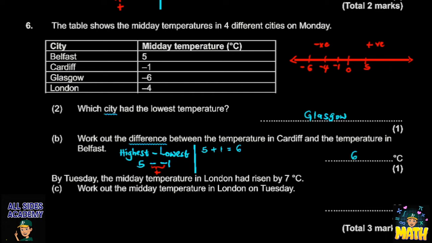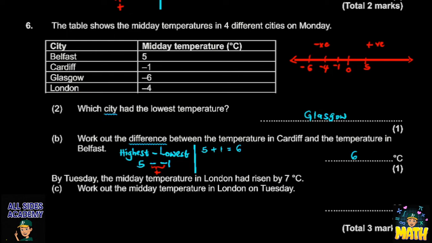By Tuesday, the midday temperature in London had risen by 7 degrees Celsius. Work out the midday temperature in London on Tuesday. Risen means we are going to add 7 to the temperature in London.